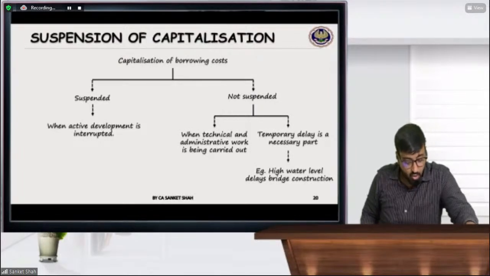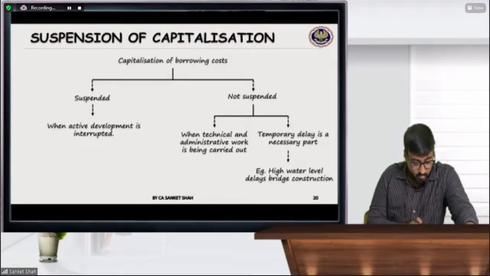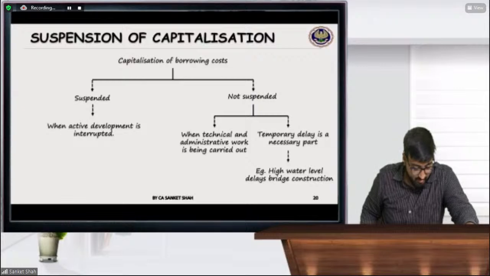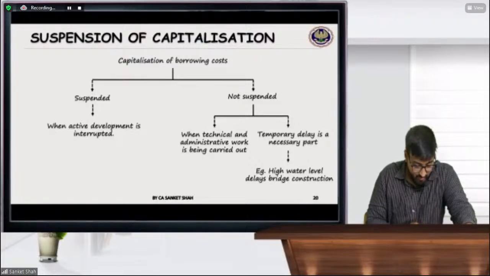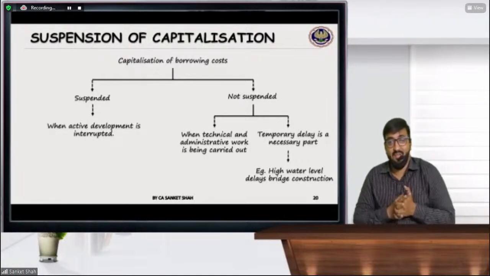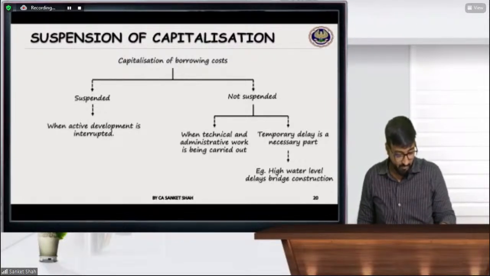Who is going to explain? Chalo. Okay. Very good, Sakshi ji.